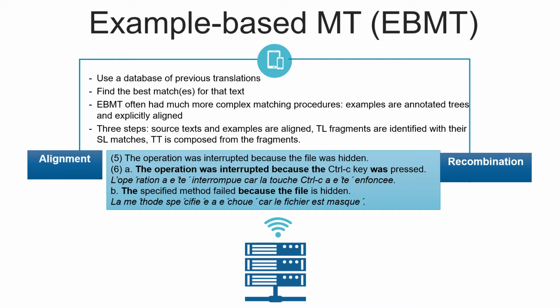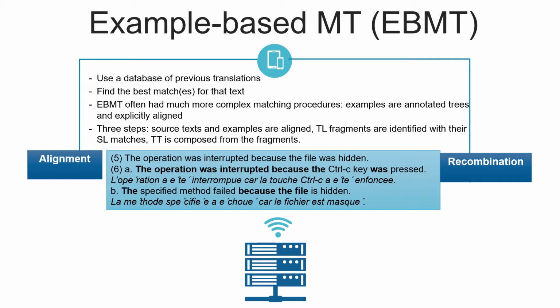Once the match has been found, the two techniques begin to diverge. While the work of the translation memory system is over, in which the translator decides what to do with the matches, in example-based machine translation the system now has to manipulate the example so as to produce a translation.